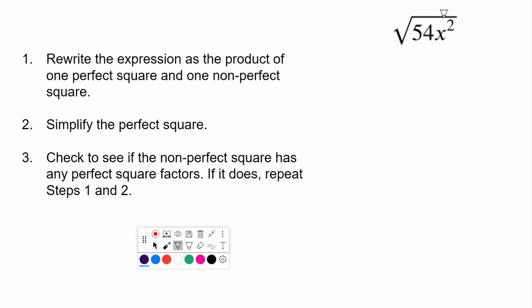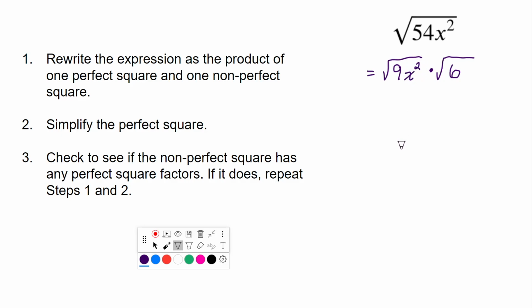Now let's do one that has an x squared in it, so we have the variable as well. I'm still going to rewrite the expression. I know that 54 is 9 times 6, 9 being the perfect square. So I'm going to write 9 in the first radical and 6 in the second radical. And then I'm going to look at my variable, my x, and I see that it has an even exponent. That means it is a perfect square.